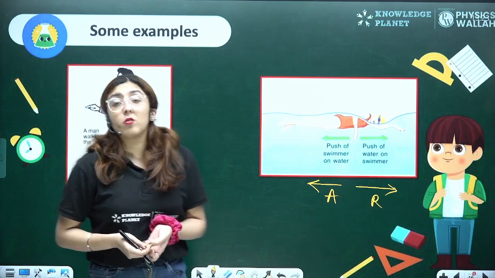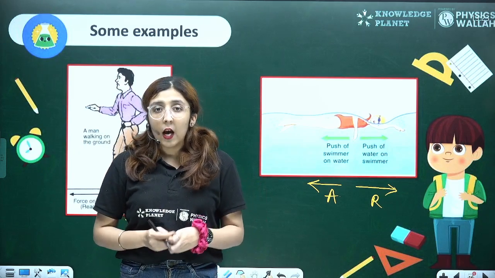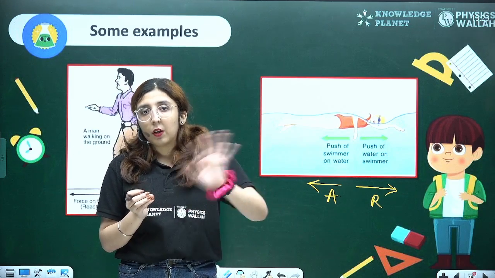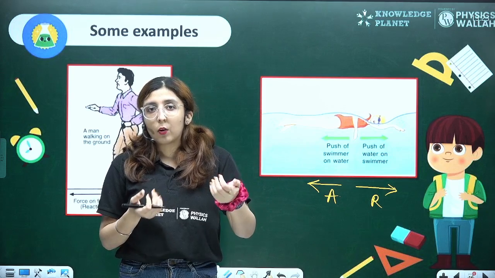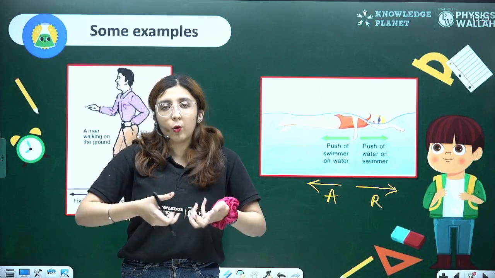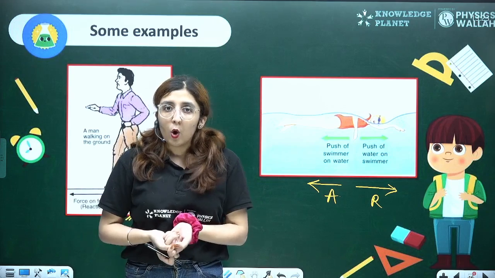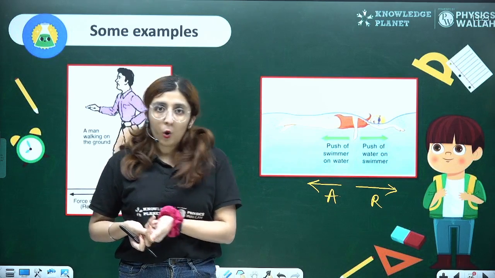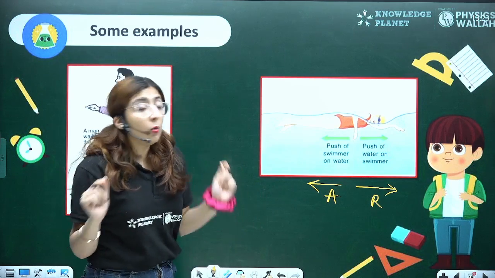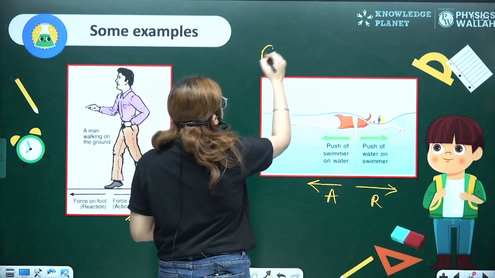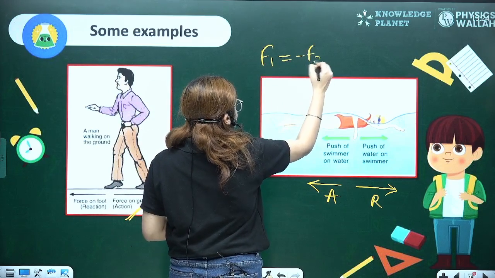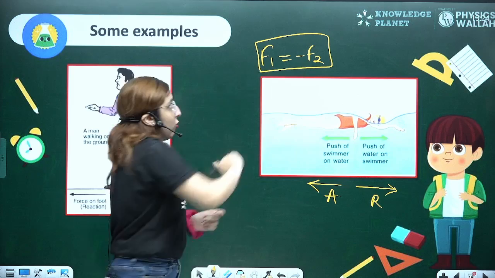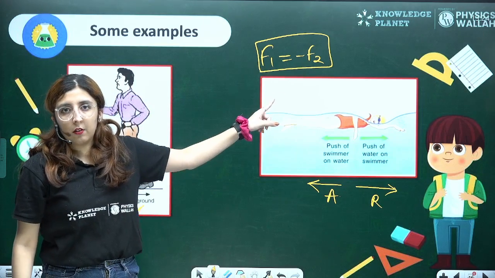Why? Because of the reaction. Water particles move out with force, and the hose experiences the reaction of the same, moving backwards. So you can certainly say action and reaction are equal in amount but opposite in direction. That is why we mention it like this.